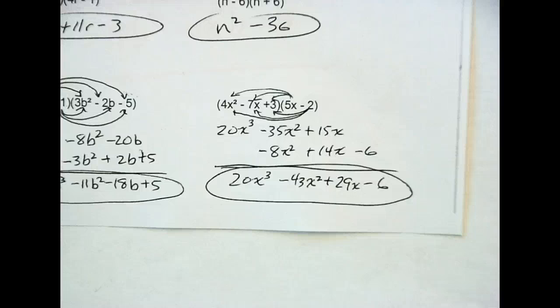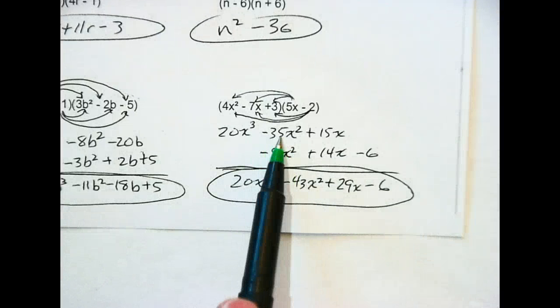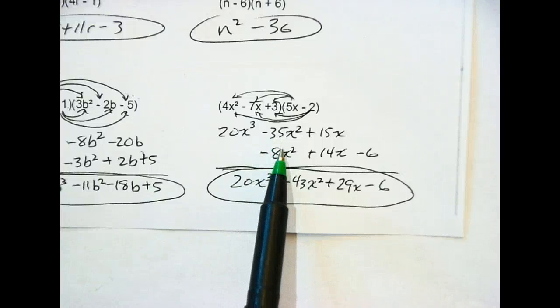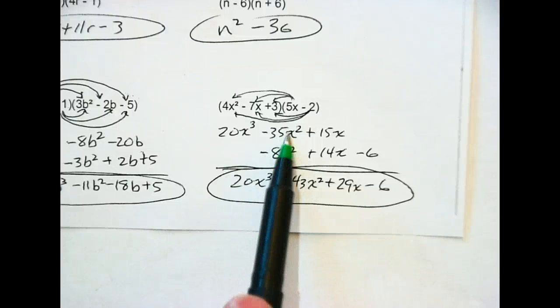But you should have all 6 of those parts. Well, I got 20x cubed minus 27x squared plus 29x. Okay, so do you have the negative 35x squared? No. Do you have the negative 8x squared? No. Okay, so that's where you made your mistake then, right here.